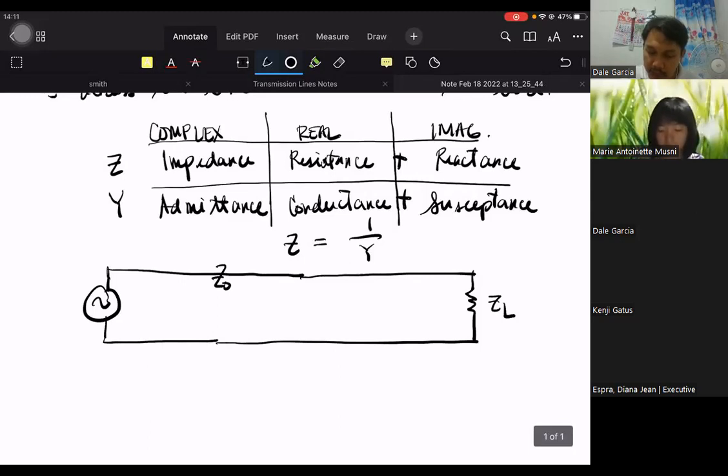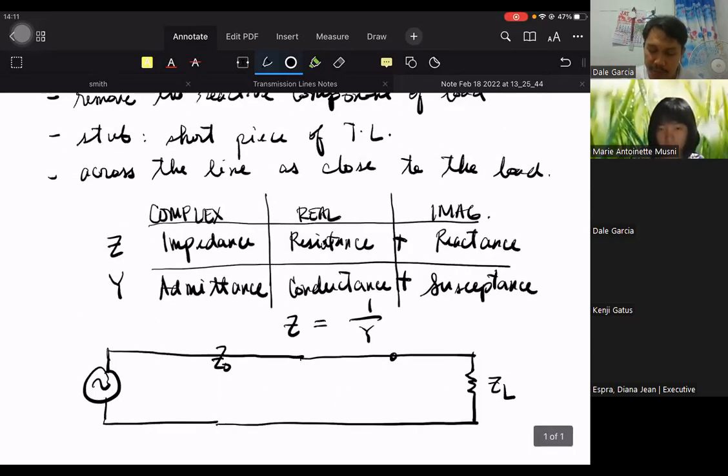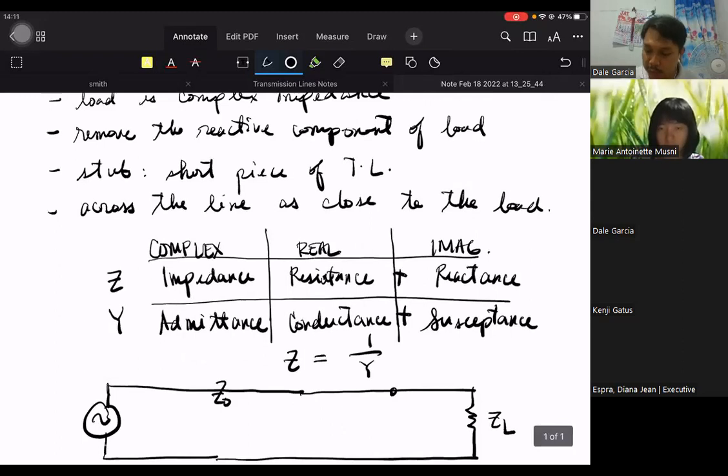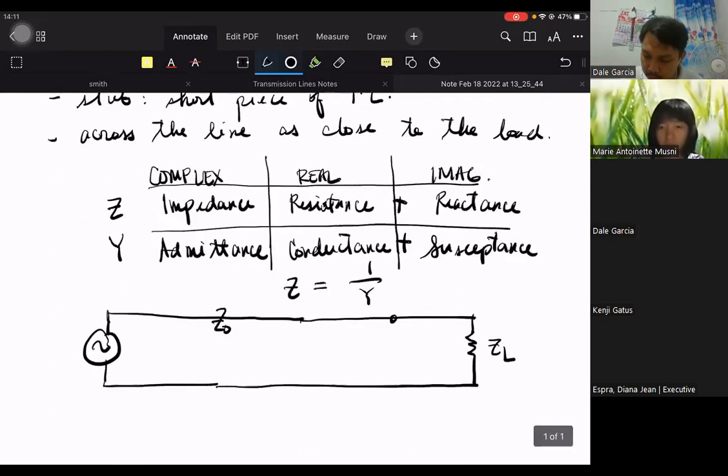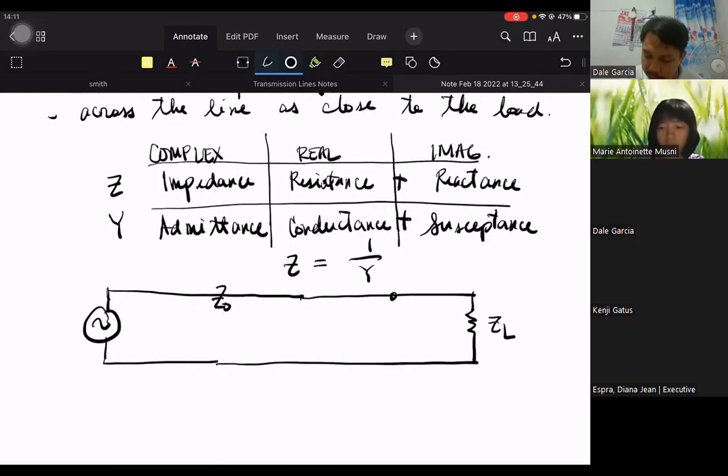It is placed across the line, meaning in parallel, as close to the load. So just imagine, it becomes a 3D drawing.